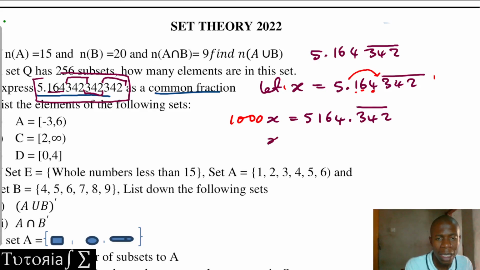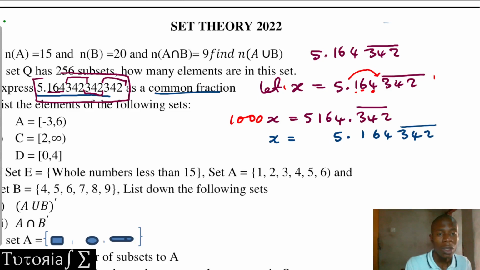So let me use a different color for this one. We have x being equal to 5.164, then 342, and this is the part that is repeating.